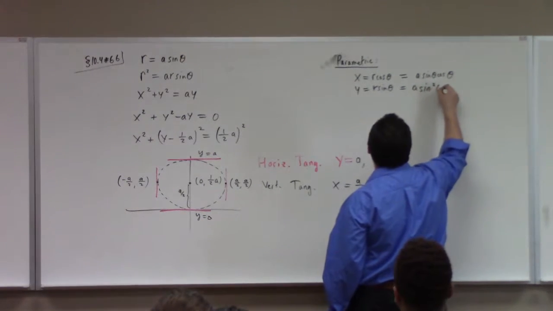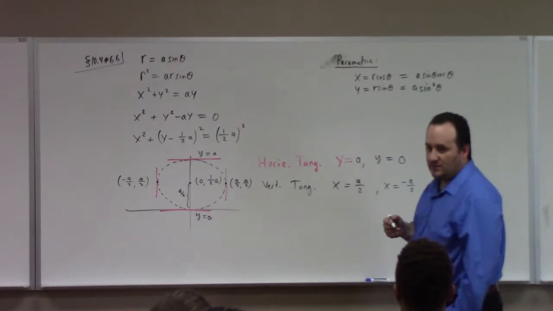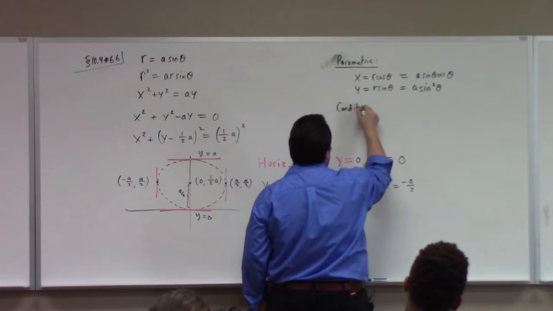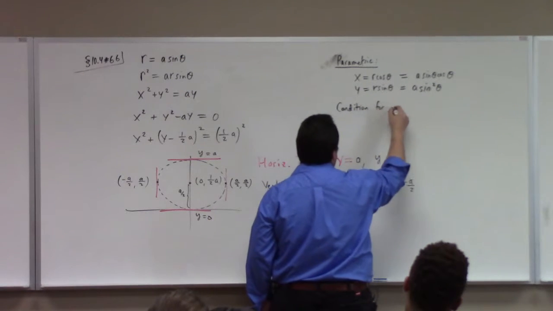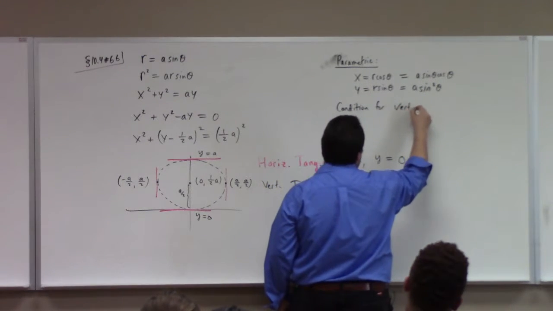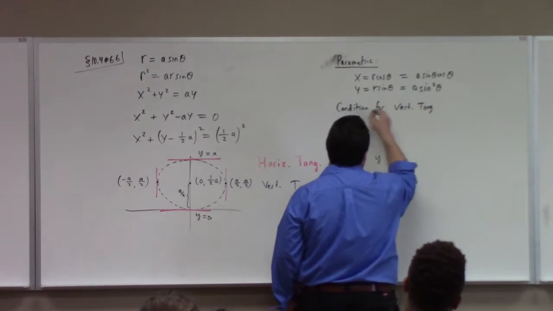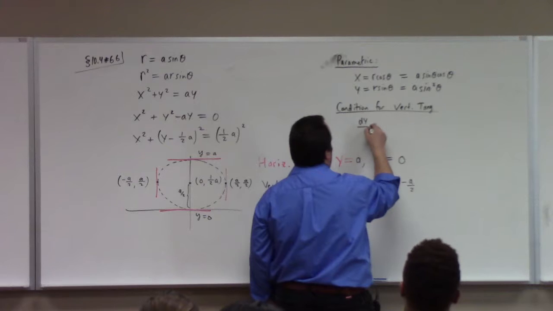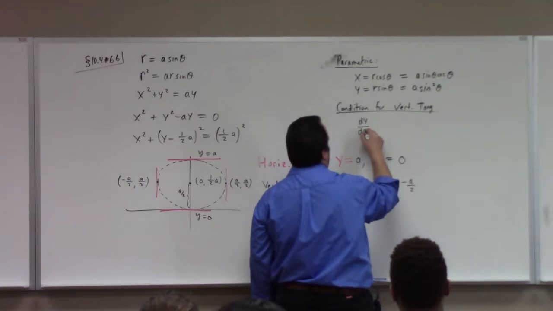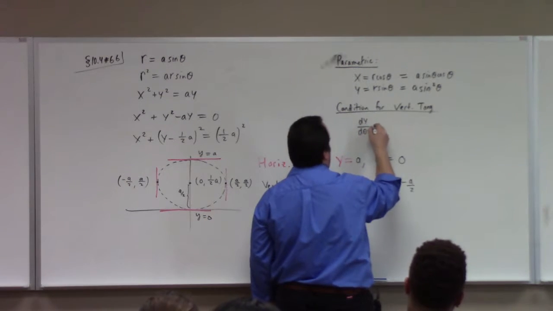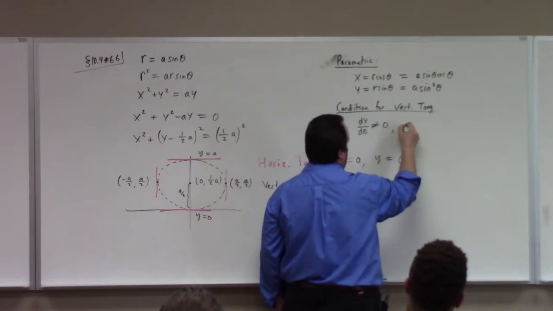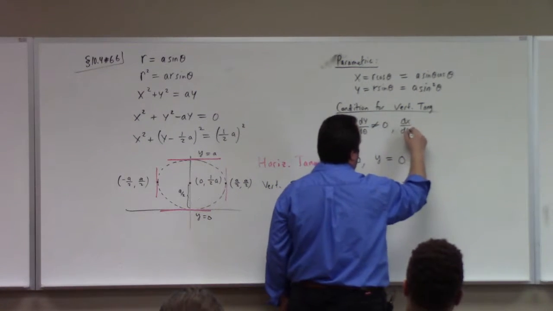What's the condition for a vertical tangent? dx d theta has to be equal to 0, and I think dy d theta has to be non-zero.